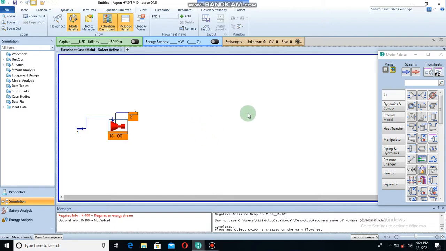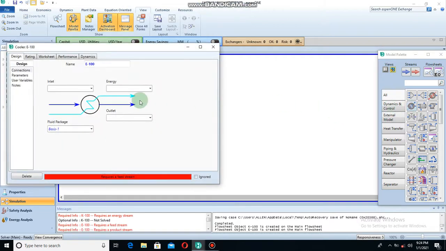So when it is being compressed, we want to cool it off to a required temperature too. So we'll be using a cooler. And this time around, we'd like to change the phase of propane at this point, from a vapor phase to a liquid phase.